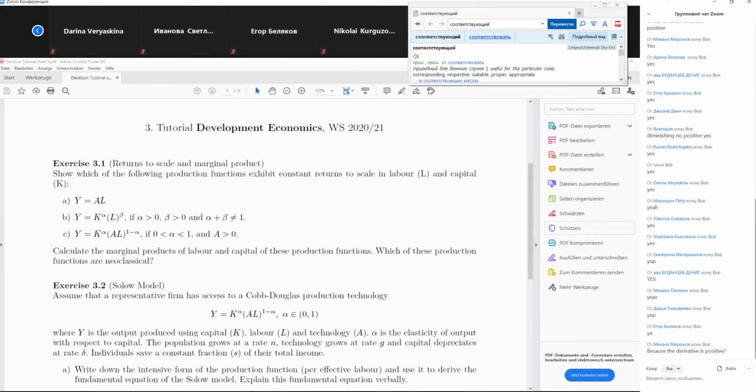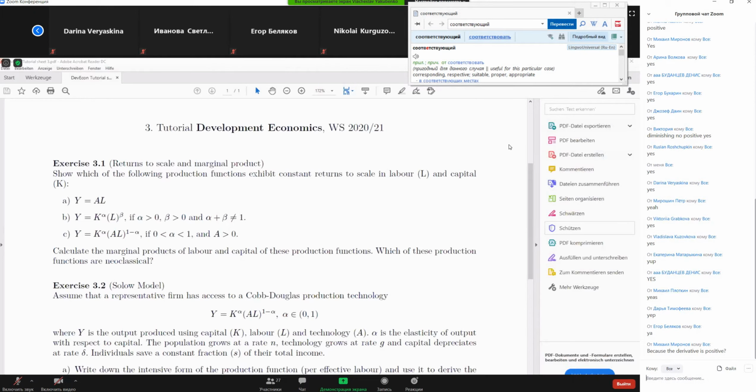Sorry. I'll show you. Yeah, like why is it the case? Exactly, because the derivative is positive. The first derivative is positive, and that is why we have positive marginal returns.